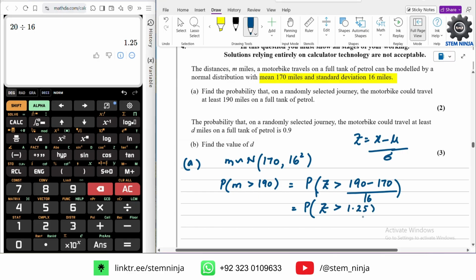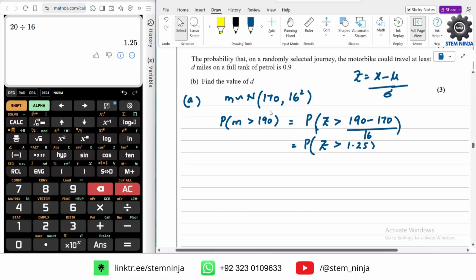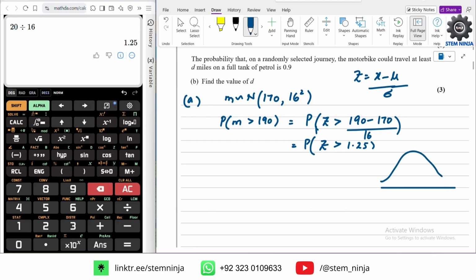Right, and we know from bell curves, or the normal curve, that this is 0, and 1.25 would be somewhere over here. So we are looking for this area, but we can't find this area.